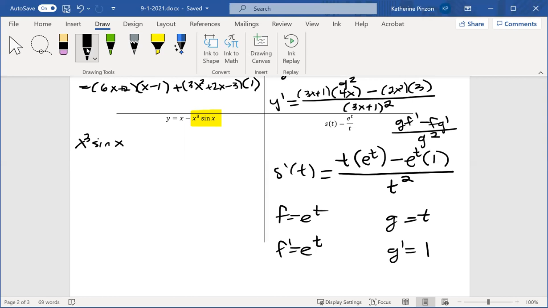Is it 2 sine? Who remembers the derivative of sine of x? Cosine x. The derivative of sine of x from last time was cosine x.